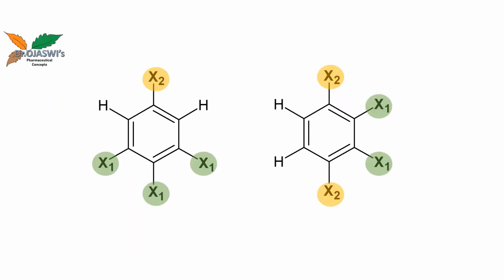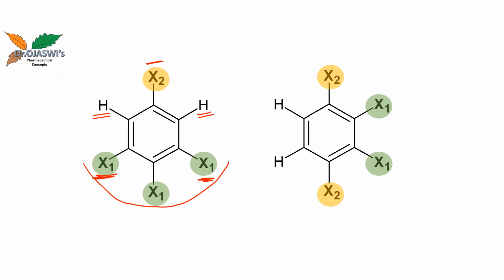Now, in this example, if I talk about this hydrogen and this hydrogen, on this side the same substitutions are there. Both of them have X1 on the adjacent carbon, and on the other side also, on the adjacent carbon, they have the same neighbor.